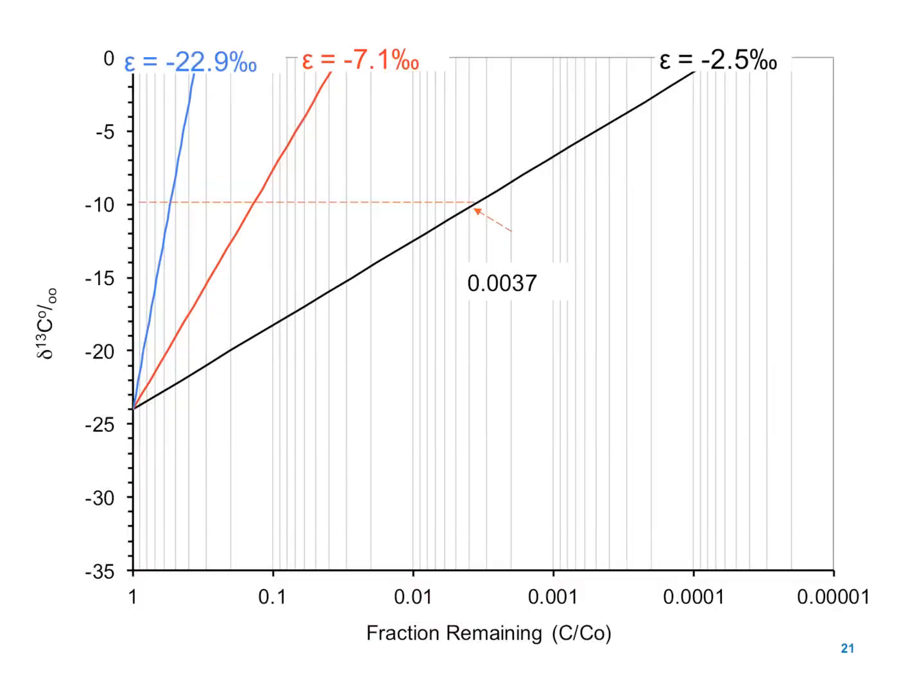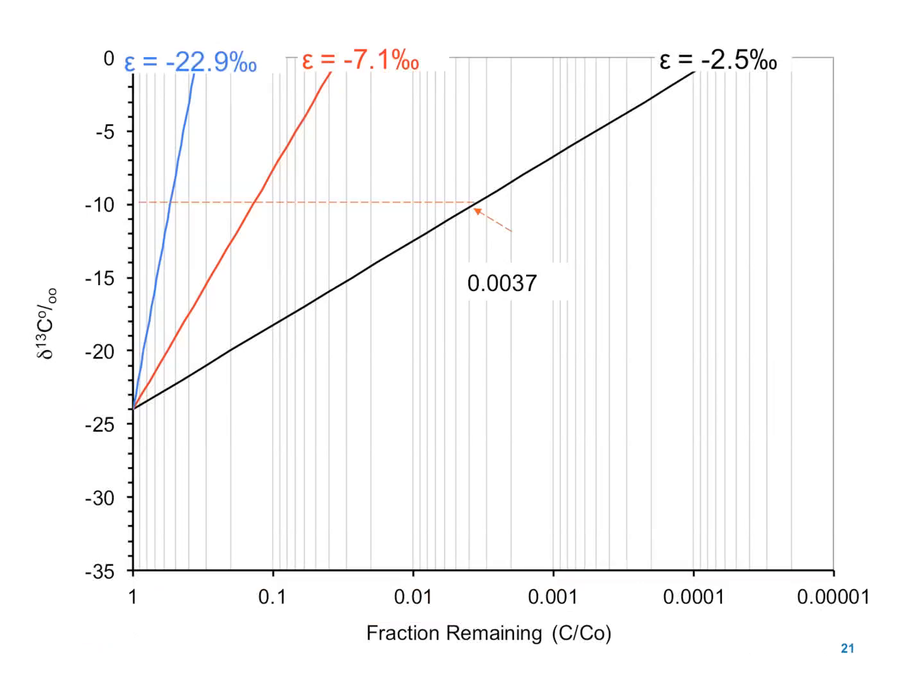So what I've done in this figure, starting at -24, is I plotted the fraction remaining for different values of epsilon. And what you'll see is that when epsilon has a small absolute value, you get a lot of degradation for a small change in the delta 13C. When epsilon has a large value, you get a smaller change in degradation, a less extensive degradation for the same change in delta 13C.